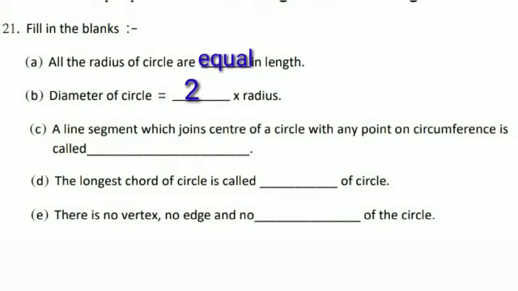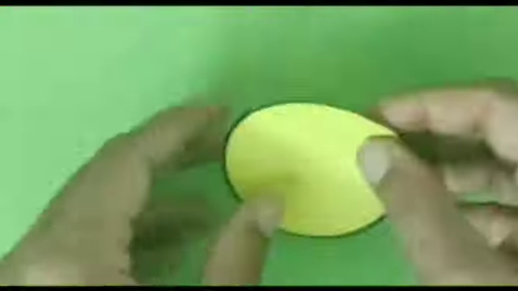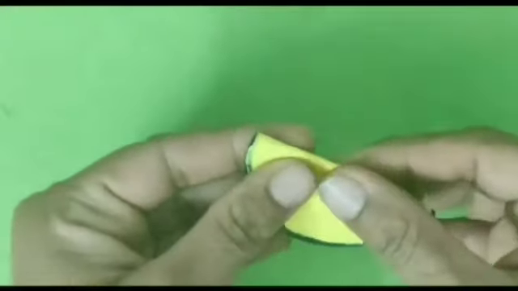Our third blank is a line segment which joins center of the circle with any point on circumference is called dash. Fold this circular paper into equal parts.